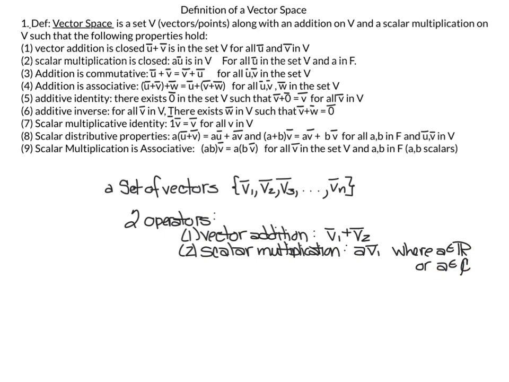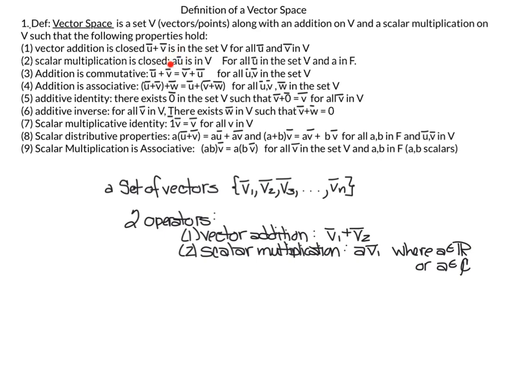To be a vector space, these operators have to obey certain properties, and these are the properties they must obey. First, vector addition is closed. In other words, when you add two vectors, they still have to be in your set V. You can't jump out of the set. Second, scalar multiplication is closed.